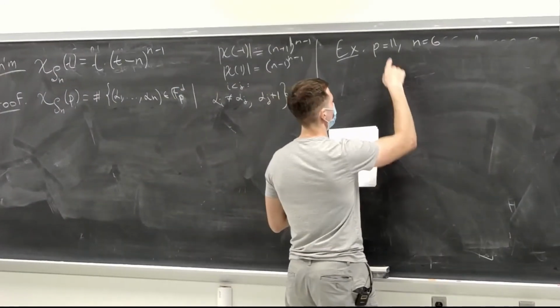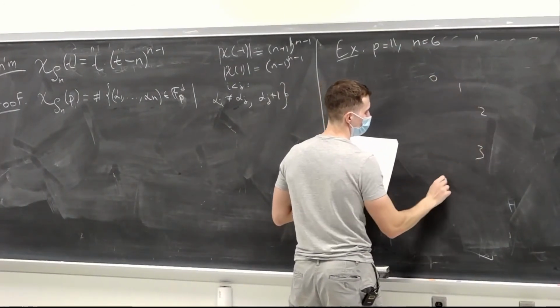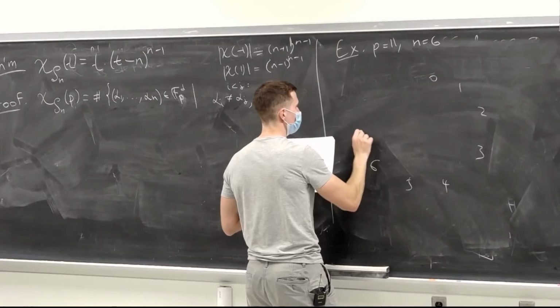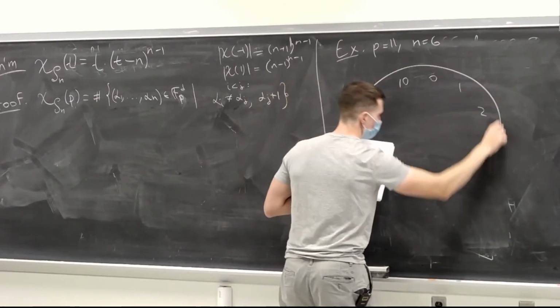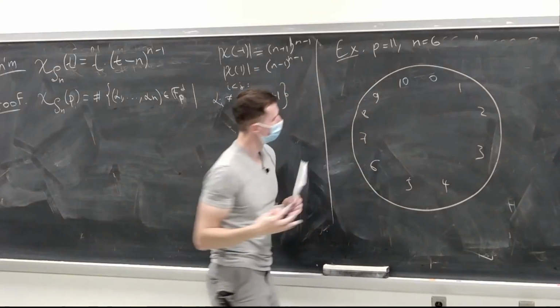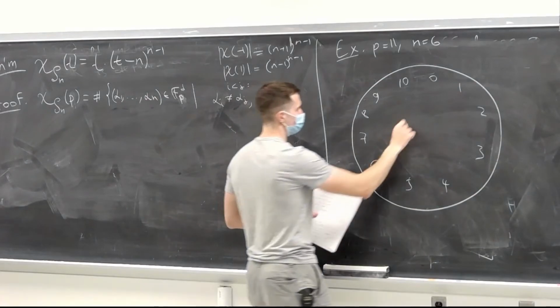So let's say I draw 11 numbers: 0, 1, 2, 3, 4, 5, 6, 7, 8, 9, 10. These are elements of F_p.